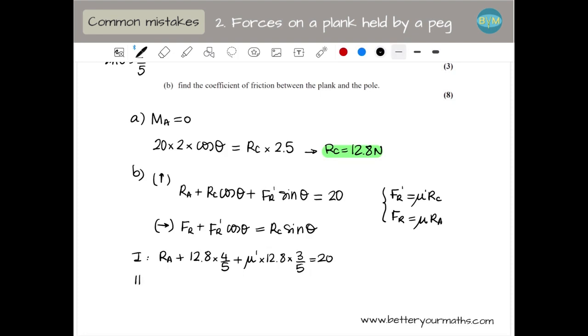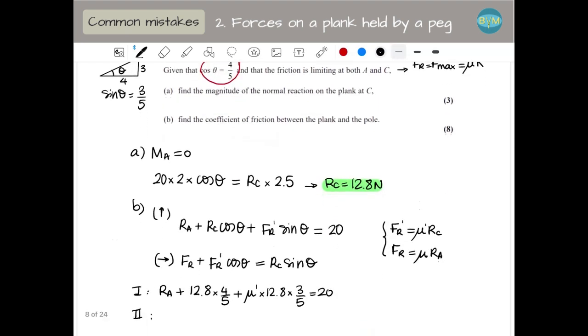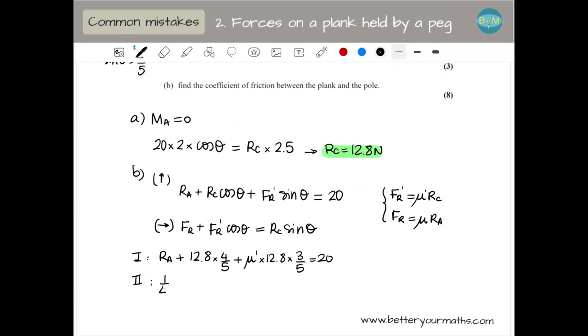And the second equation is going to be friction at A, which is mu, which is given, 1/4 times RA, plus the new friction, which is the coefficient of friction times RC, which is 12.8, times cos of theta, which is 4/5, is RC, which is 12.8, times sine of theta that we said it was 3/5.